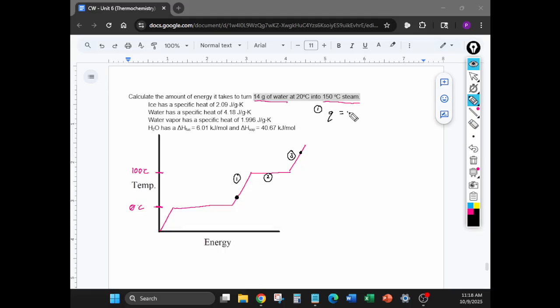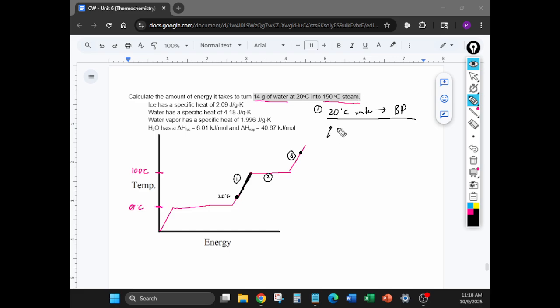So Q equals MCΔT. And specifically, this is when we're heating the water. Okay, so we're doing 20 degrees Celsius water, and we're just going up to the boiling point. So this first calculation is this line right here, going from 20 degrees Celsius water to the boiling point.